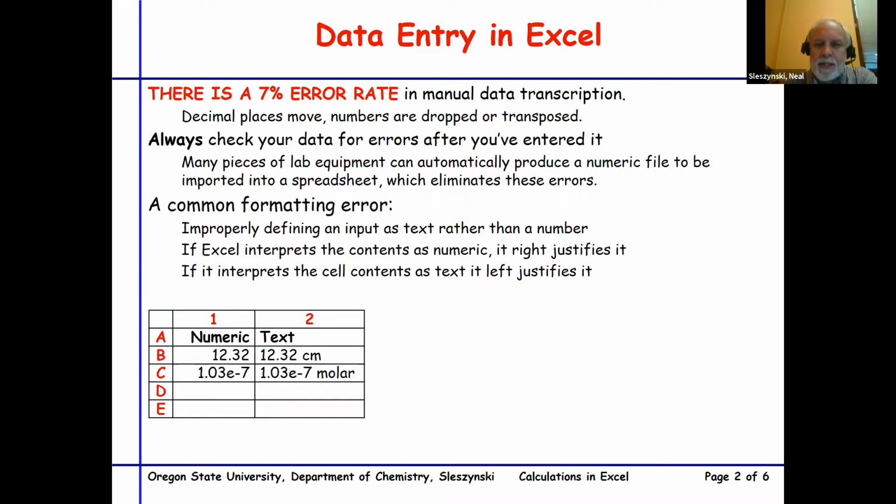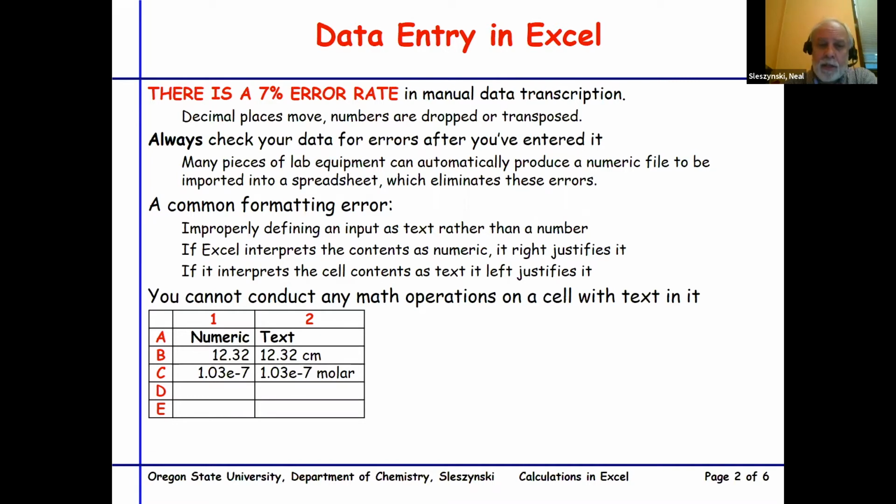If it interprets the cell contents as text, it left justifies it, and you cannot conduct any math operations on a cell with text in it. So if we take a look at column 2, Excel is interpreting that as text, that you're just typing something in that cell, and is unable to perform math operations.